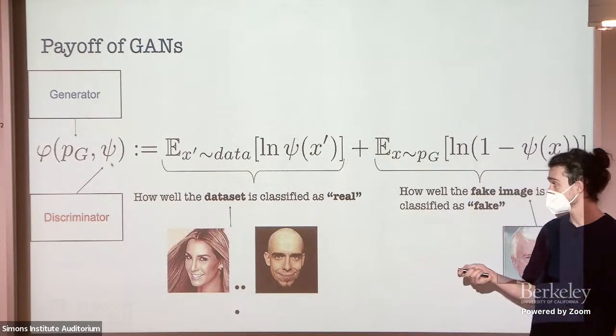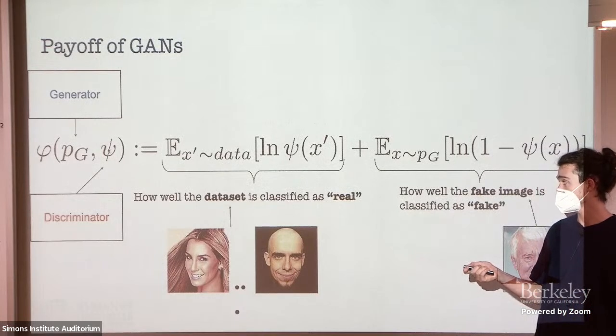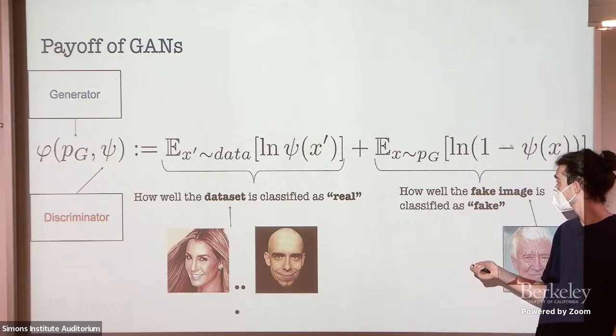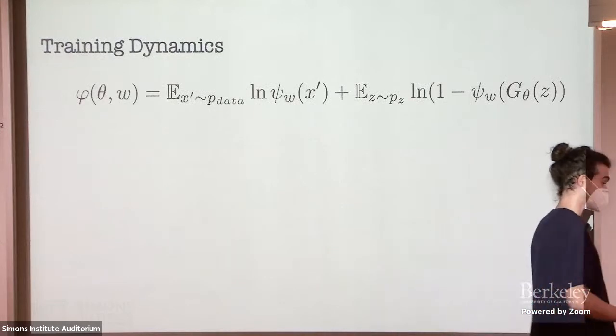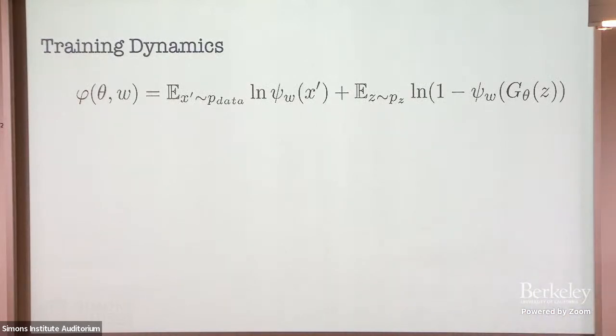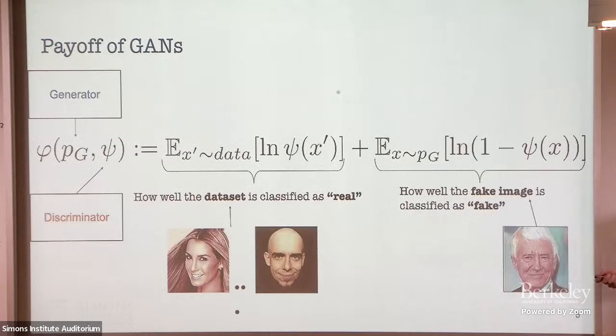So if you consider this payoff as a function of the discriminator and the distribution of the generator, it's linear for the generator because it's just an expectation here. And it's concave because the log is concave. Unfortunately, because it's too high dimensional, we cannot solve this min-max, even though it's convex-concave in the infinite dimensional space.